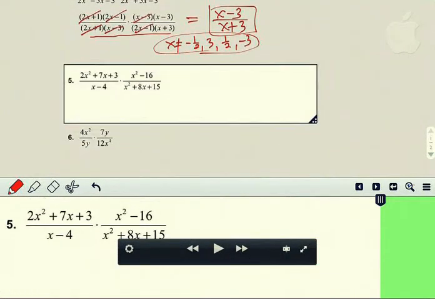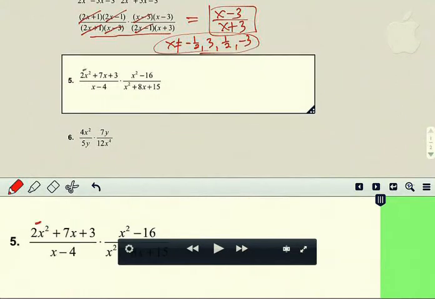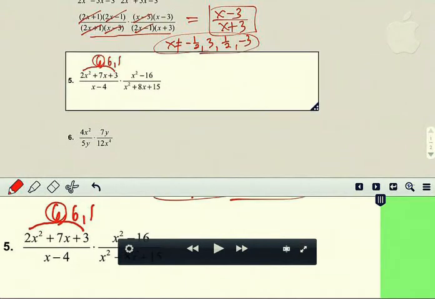Number 5. Well, here we go again. We have to multiply these two. We get 6. And the two numbers that multiply to 6 and add up to 7 are 6 and 1. So we would have 2x squared plus 6x plus 1x plus 3.